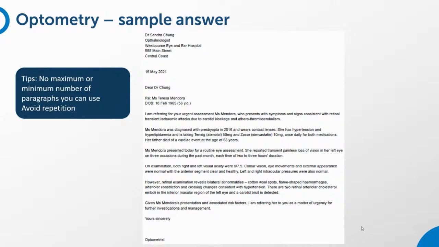Remember, there isn't a maximum or minimum number of paragraphs you can include in your letter. You decide what will be clearest for the reader. And despite including more details, the number of words is actually lower than the one submitted by Fatima, and this has been achieved by avoiding repetition.